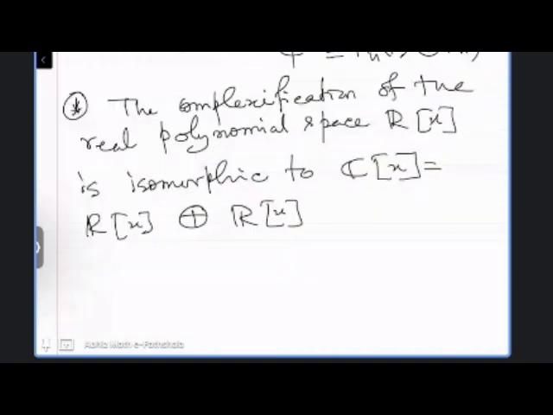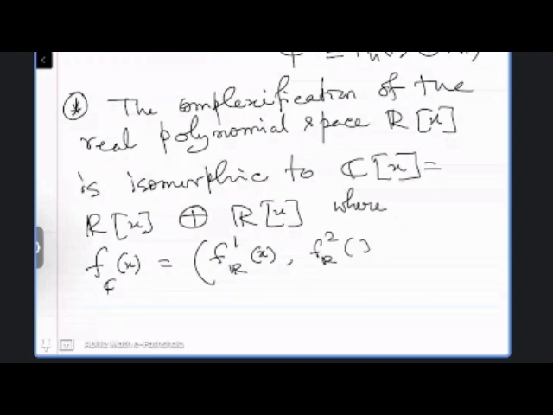So elements of C[x], that means any polynomial in C[x], can be regarded as this one. In terms of this, you can say that the complexification of the real polynomial space R[x] is actually C[x].